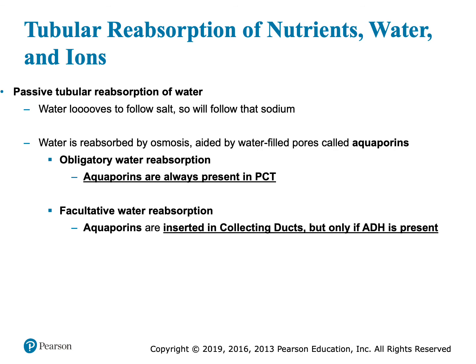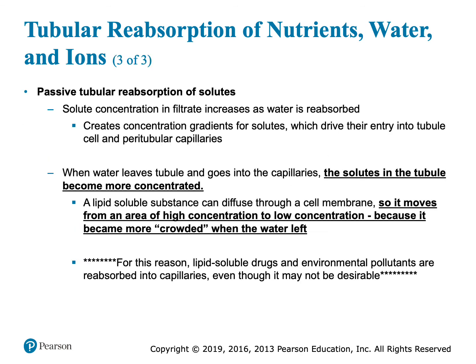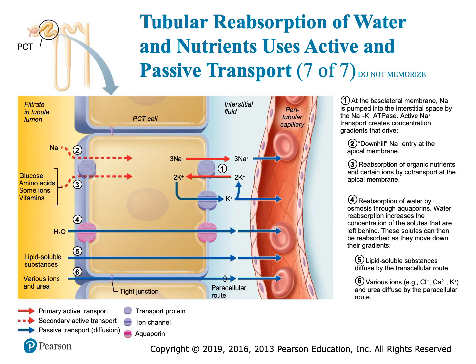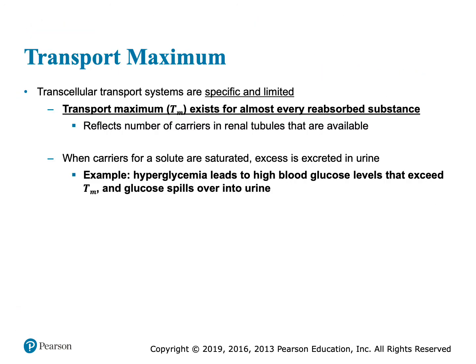This doesn't say that. So solutes sometimes are going to move from an area of high concentration to low concentration through, again from AMP1, those constantly opening and closing leak channels. Too much information.